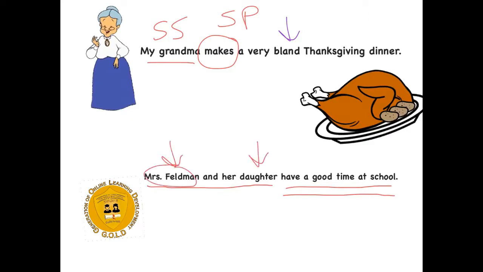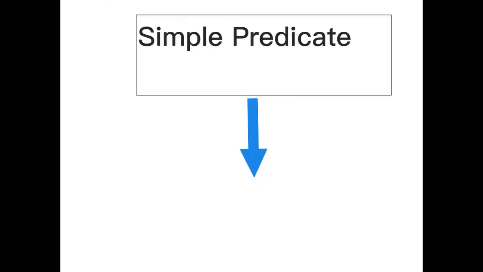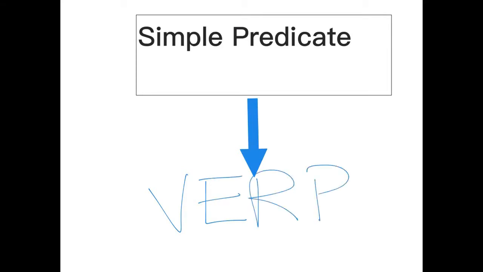Remember how I said that it could be more than one word if it's more than one person or a proper name? Great. Now, what's the verb here? What am I doing? I'm having, okay? So simple subject, simple predicate. The simple predicate, just to review to make sure everyone totally understands, the simple predicate is the verb.